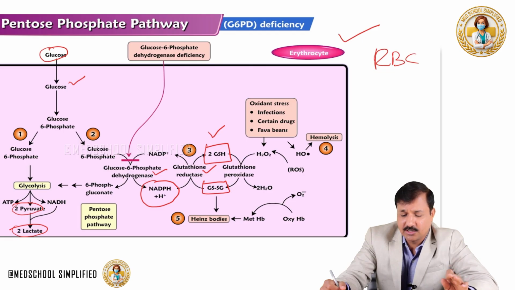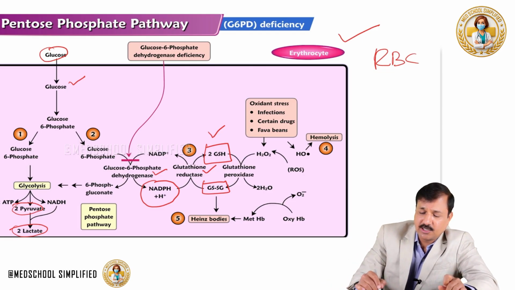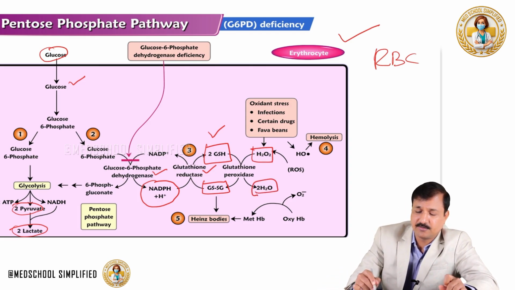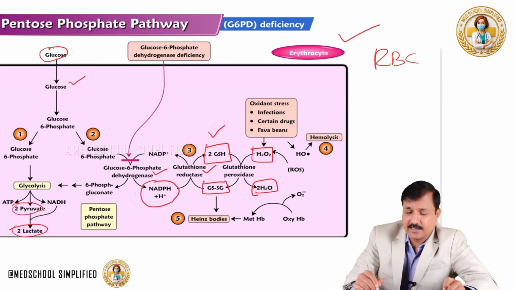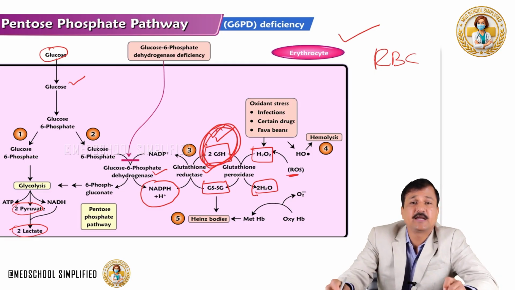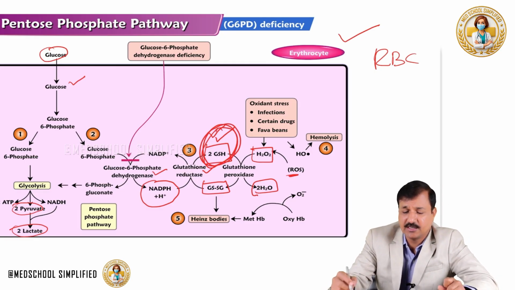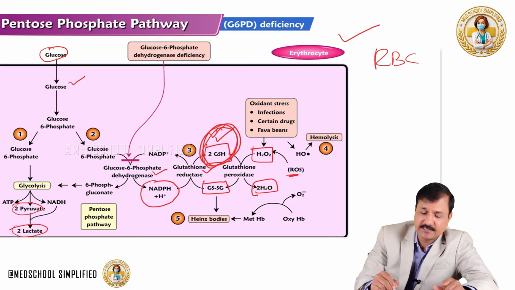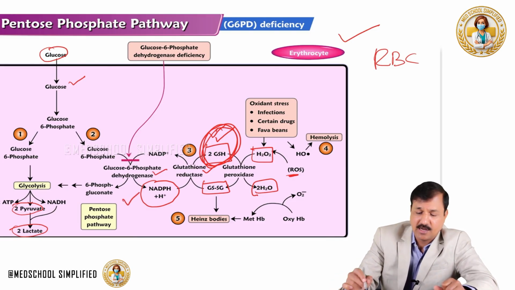And this reduced glutathione is used by glutathione peroxidase enzyme, and it is going to convert hydrogen peroxide into water, thereby preventing free radical generation. So the amount of GSH should be maintained at normal concentration so that hydrogen peroxide can be controlled and neutralized to water, and that needs sufficient NADPH.